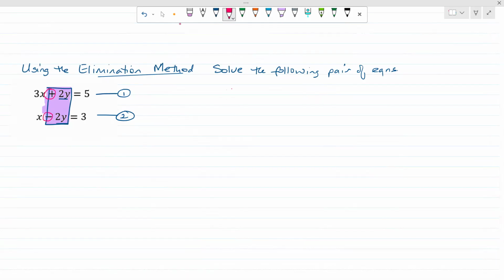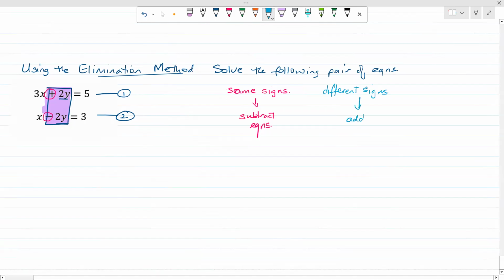Now the rule is when the signs are the same, then subtract the equations. And when the signs are different, we're going to add the equations. This is an important part. So the two steps when you're doing simultaneous equations: one, we're looking for a pair of identical coefficients.